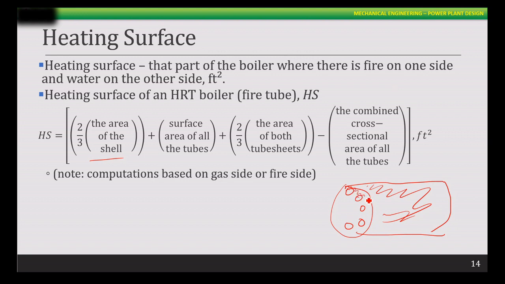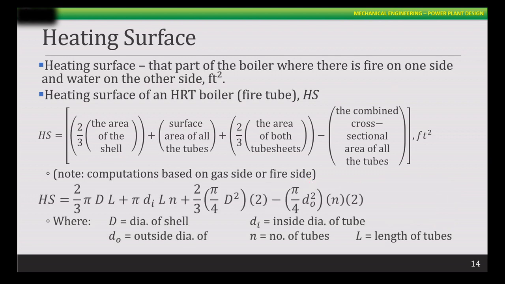The tube sheets, and then minus the combined cross-sectional area of all the tubes. So anyway, let's have an example. D is the diameter of the shell, the big one.